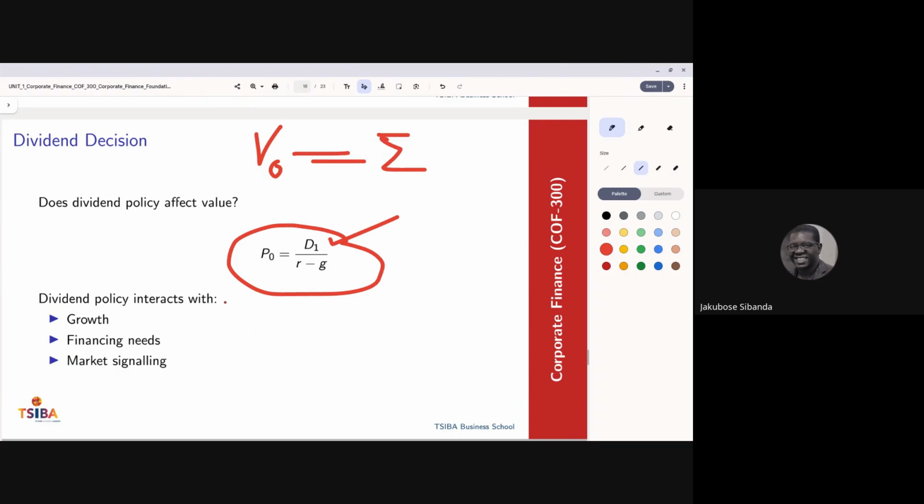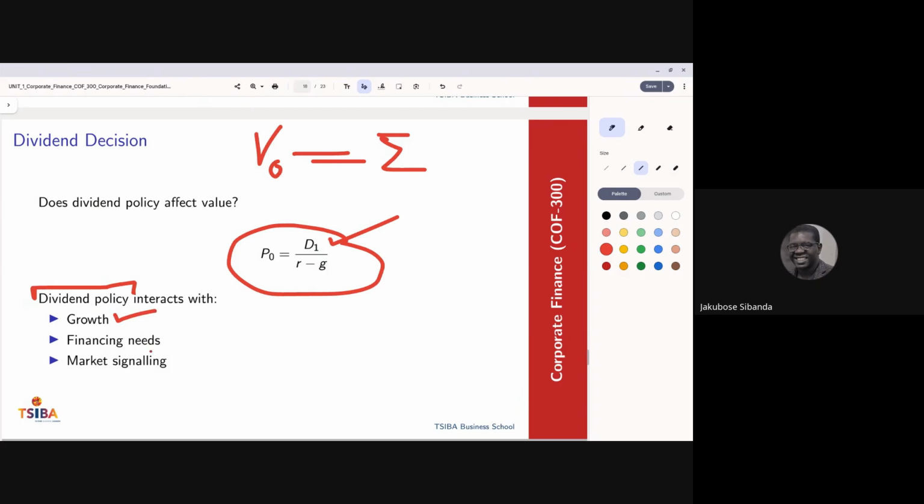So when you go back to your formula, you can now know that dividends do have an impact. WACC does have an impact as well. Issues to do with timing and risk all have an impact. And when you are looking at your dividend policy, people read what's happening.